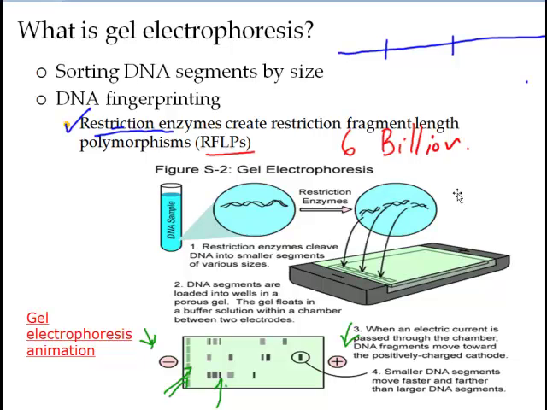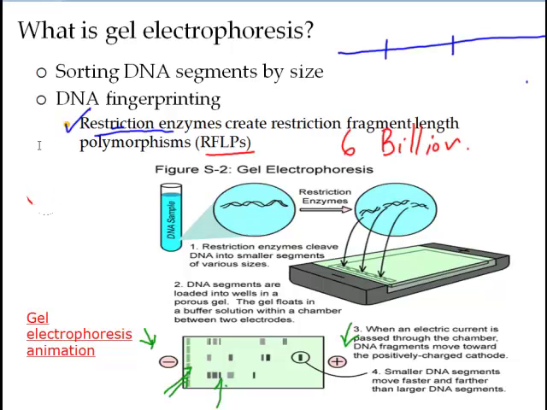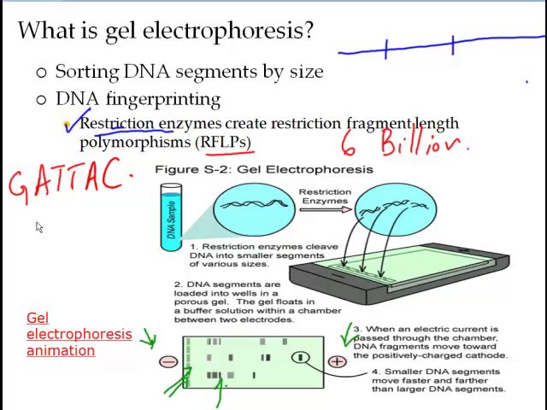So there are segments that make no sense, but when a restriction enzyme cuts, for example, one of the common ones, GATTAC, wherever this nucleotide sequence is present, it will cut the DNA.